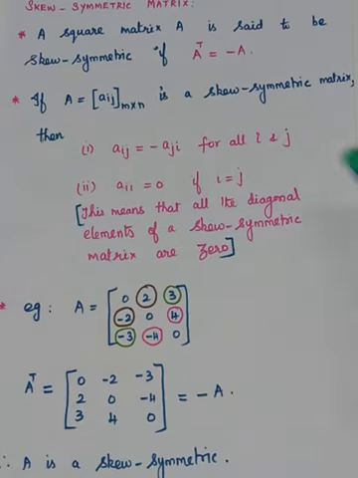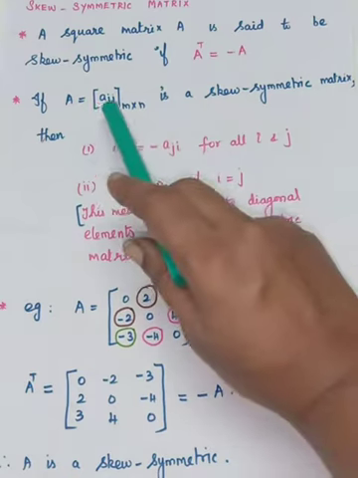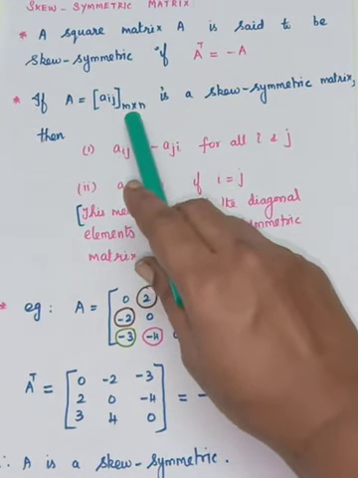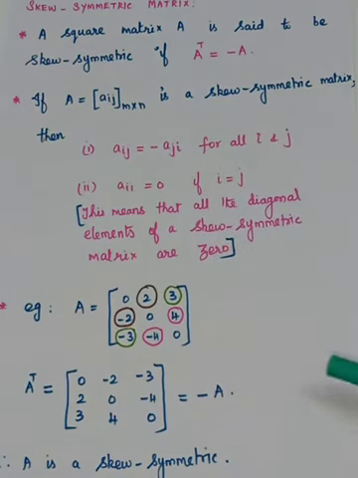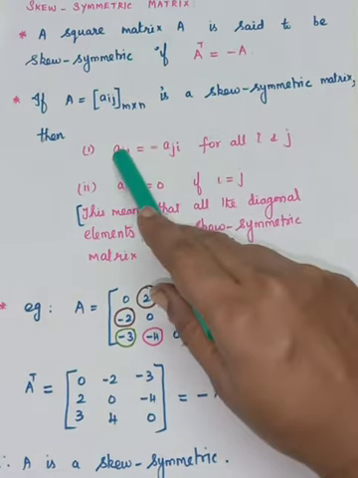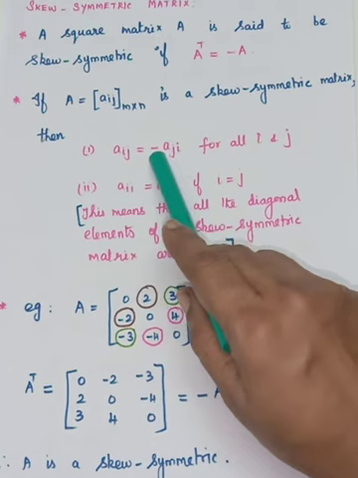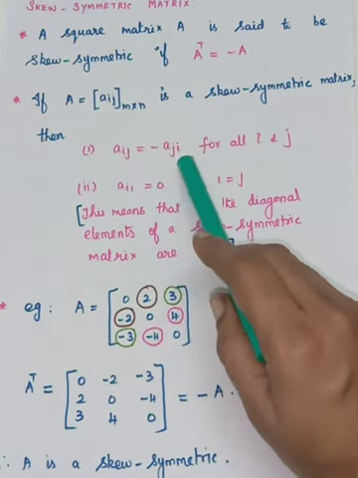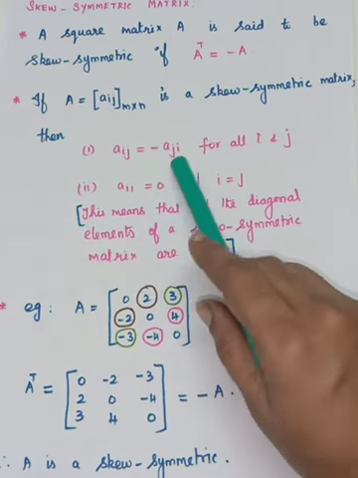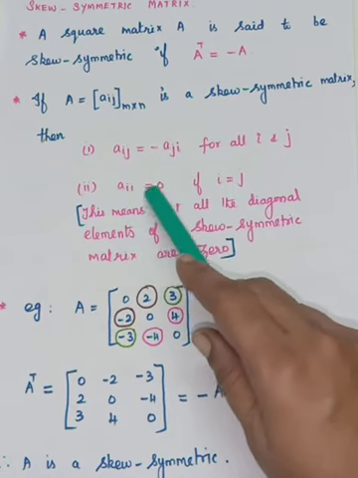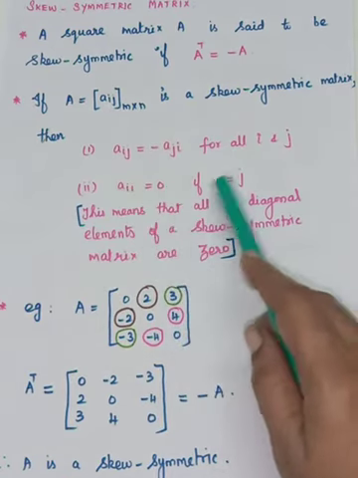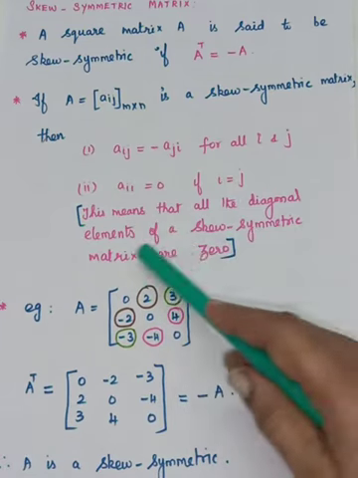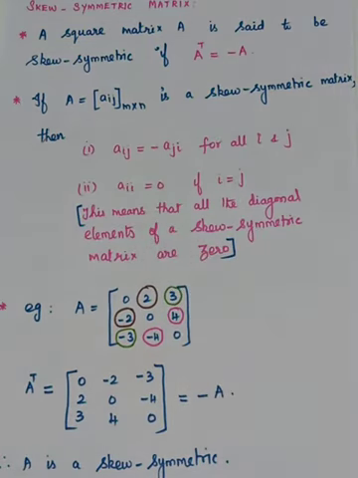If A is a skew symmetric matrix having the elements Aij whose order is m cross n, these two conditions have to be satisfied. One is Aij equal to minus Aji, and the second one is Aii equal to 0. That is, i equal to j means the main diagonal elements of a skew symmetric matrix are 0.